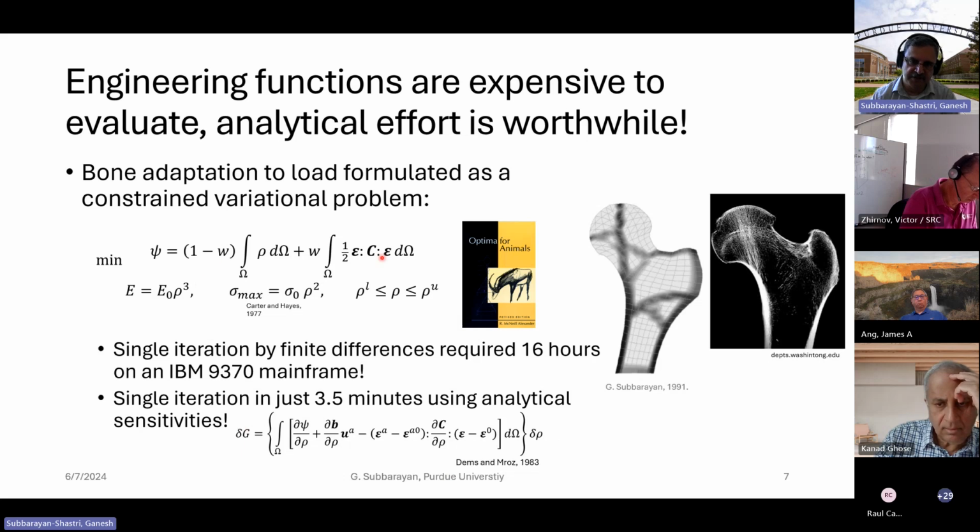It takes more effort to derive these sensitivities, these derivatives analytically, but it's well worth it because it can reduce the time it takes to do a physical model from 16 hours to a few minutes. So that's why the first point that I'm going to make is functions are expensive, analytical effort is worthwhile.